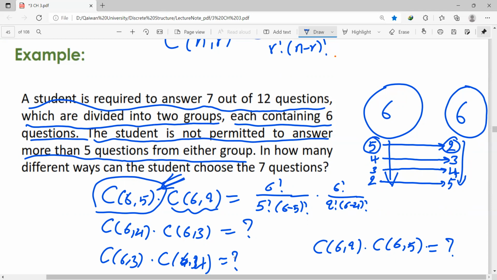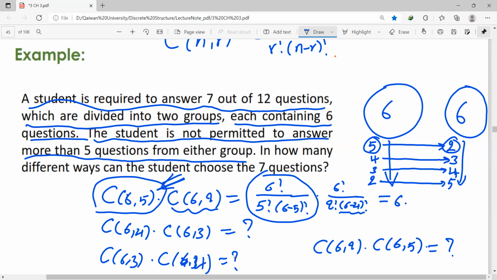Okay, we find it. The first one is equal to 6 multiplying by 6 factorial divided by 2 factorial times 2 factorial. Here 6 minus 4 factorial means it's 2 factorial. 2 times 2 is 4, and the above one is 6 times 5 times 4 times 3 times 2 times 1.